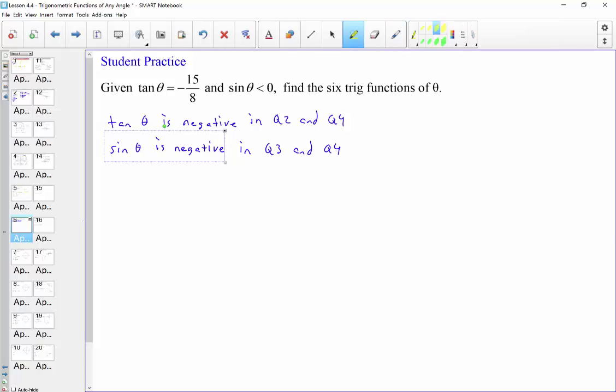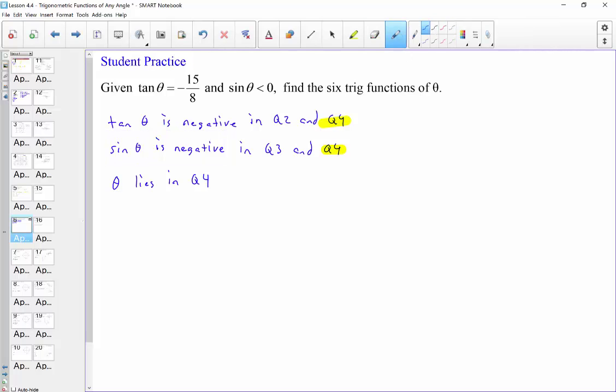So the only quadrant in which both of these occur is quadrant 4. The tangent of theta is negative in quadrant 4, and the sine of theta is negative in quadrant 4. Therefore, theta lies in Q4, or quadrant 4.